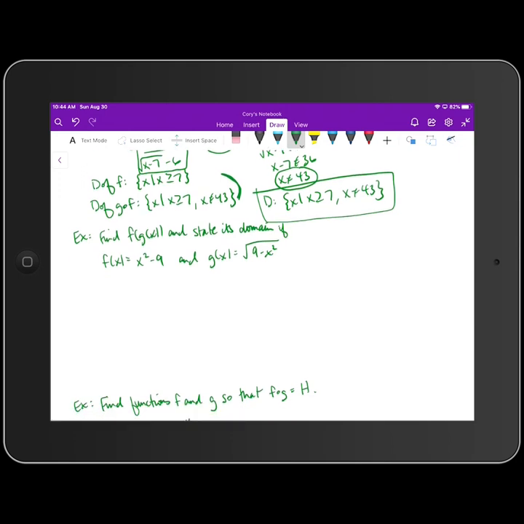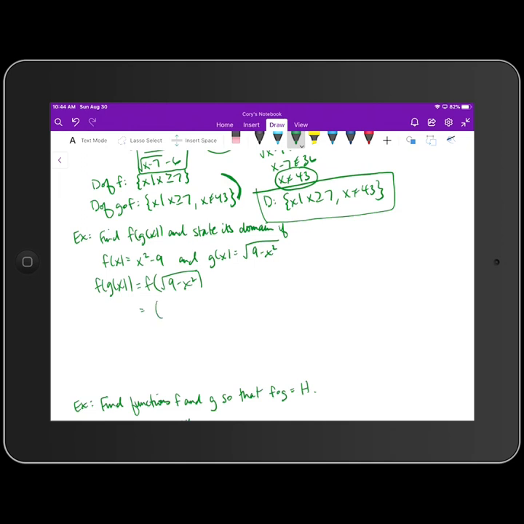Okay, so f composed with g of x is going to be f of the square root of 9 minus x squared, which means I'm going to plug the square root of 9 minus x squared in wherever I see an x in the function f.